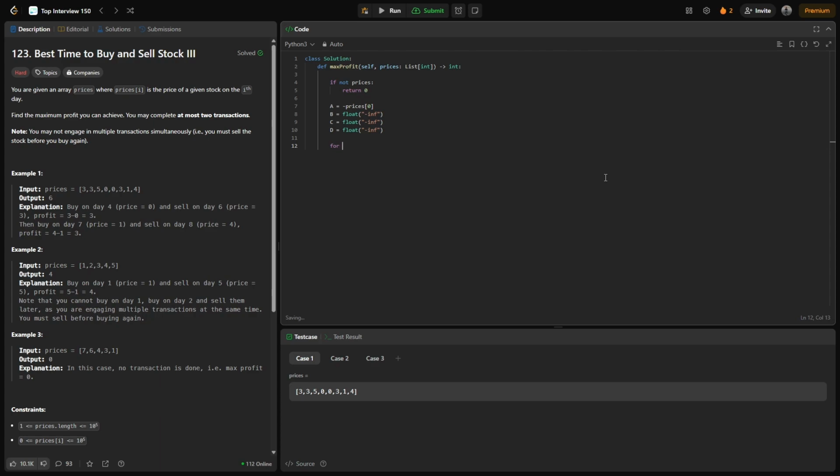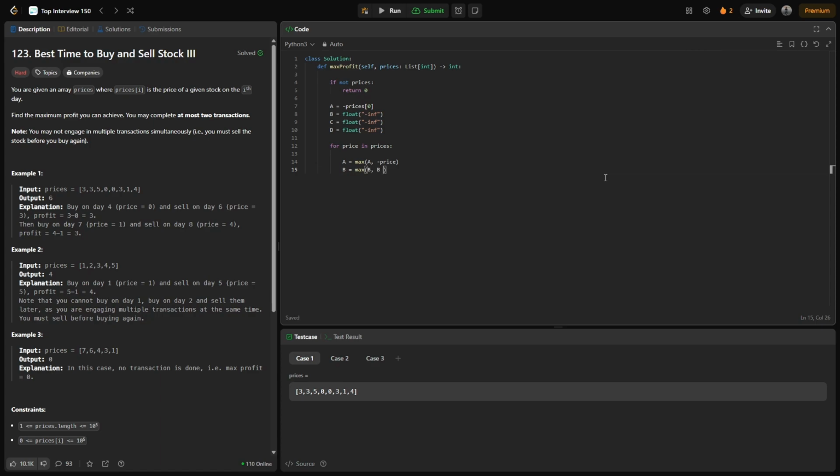Now I can say for price in prices, and you have to loop through all the states. So I can say A equal to max of the current state A, and whenever it is state A, we just have to decrement by the price, so it would be minus price.